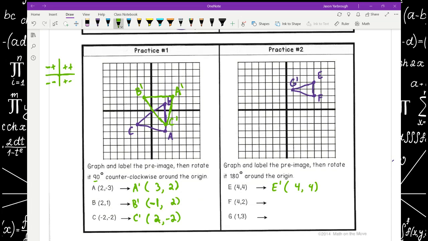This one is still 1, 3. But we need to check the signs. With it being 180 degrees, it's moving from here down to quadrant 3. Quadrant 3 is negative, negative. So all these signs are negative.